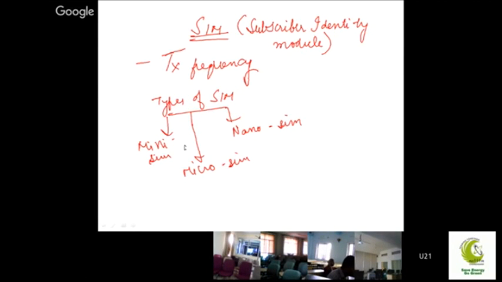These three SIMs work from 2G to 4G, because both the 3G and 4G networks are backward compatible. That is, suppose we have a 3G SIM and we are using 3G internet, but because of the backward compatibility feature of 3G, we can also use 2G internet.